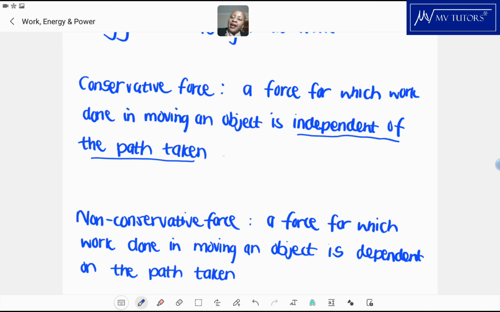All right. And an example for that would be gravitational force. Okay, so for that, it doesn't matter what path you take. Gravity will always be there. It will always act on an object. Okay, another example would be electrostatic forces.